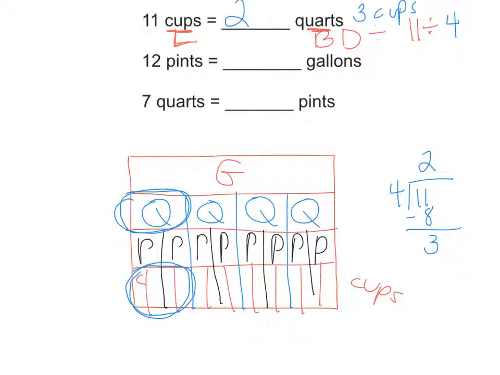My other option is if I want to do this in terms of quarts, I can make it a fraction, or I could also make it a decimal. As a fraction, I would make the remainder 3 my numerator, and my denominator would be 4 because I need 4 cups to make a quart. So I could say my answer is 2 3/4.